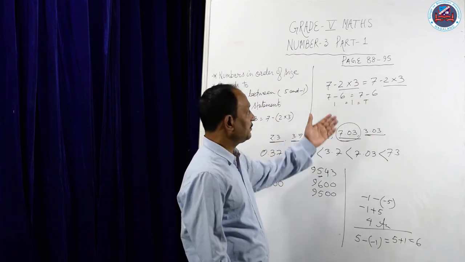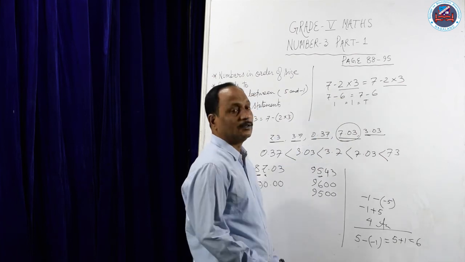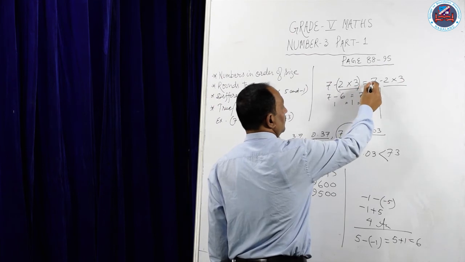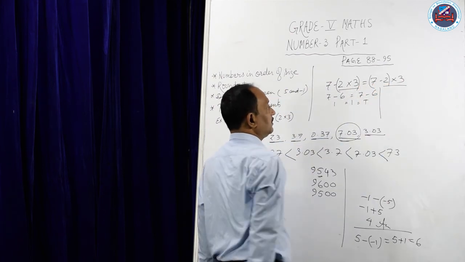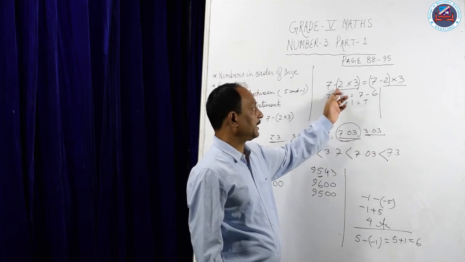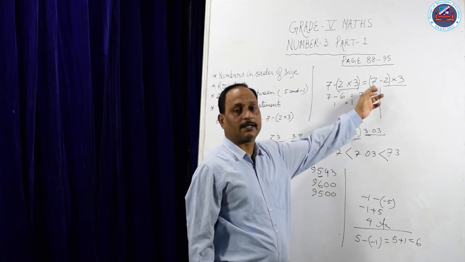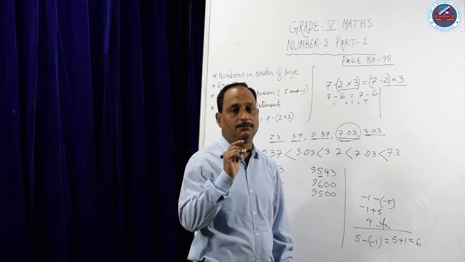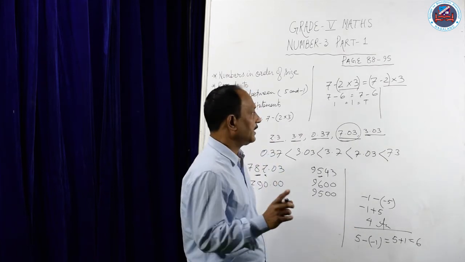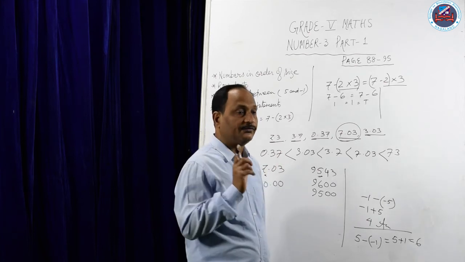Now by chance, if we take the same numbers, we will change the position by putting brackets. Here we put a bracket around 2 into 3, and here we put a bracket around 7 minus 2. As per the rule BODMAS, B stands for bracket, and the bracket we do first.